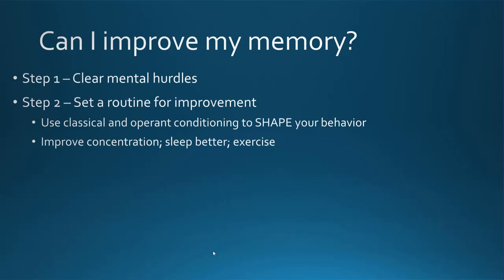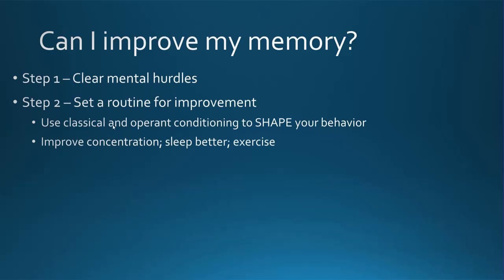So how can you make it better? Well, these are things that we're going to learn over the course of the semester. By the way, steps 2 through 4 here are detailed more on your syllabus, and we'll flesh them out as we go through the semester. The first thing you can do is set a routine for your improvement. Use classical and operant conditioning to shape and mold your behavior.